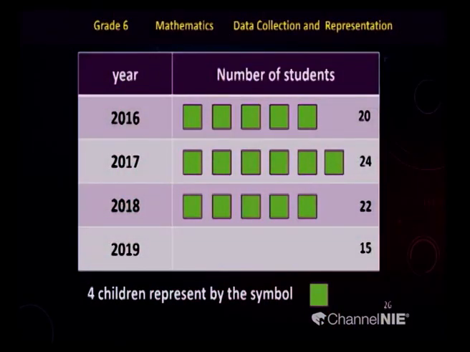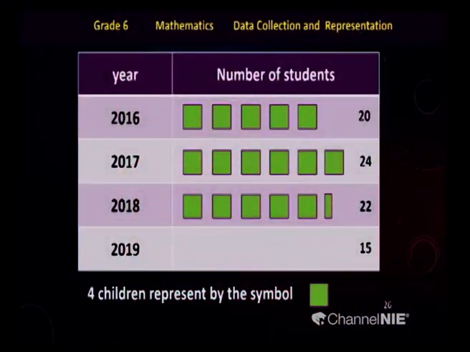Understood that, children? We can represent 22 using 5 full squares and half of a square.